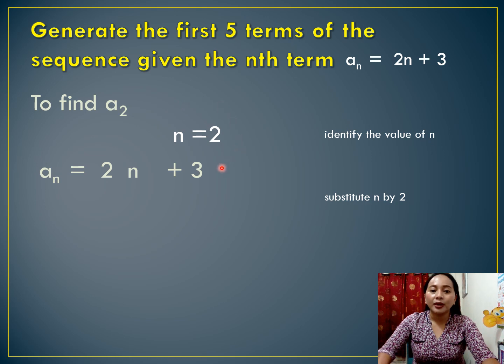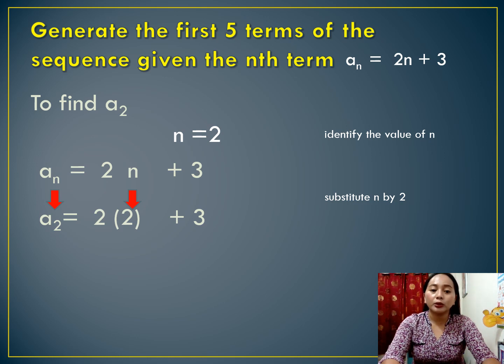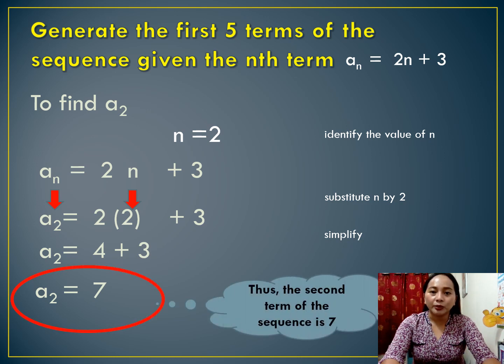Because at this time, n is equal to 2. So that becomes A sub 2 is equal to 2 multiplied by 2 added by 3. And the next step is you are going to simplify. So that becomes 4 added by 3 because 2 multiplied by 2 is 4. And simplify it again, and that leads to the second term of the sequence, which is 7.